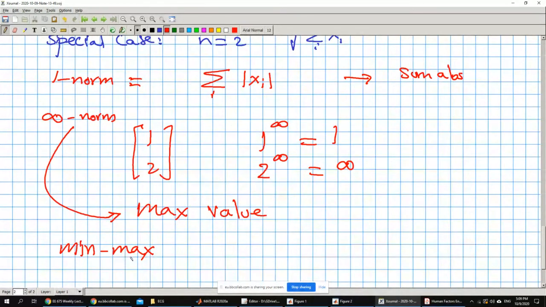So this is a min-max approach. For example, if you're doing your experiments and you had two filters and you computed the error for the first one using the Pythagoras equation, and it was like 5, and you have another technique that has an error of 3, which one would be better? The one with the least error, right?